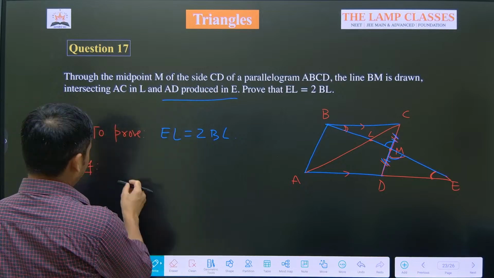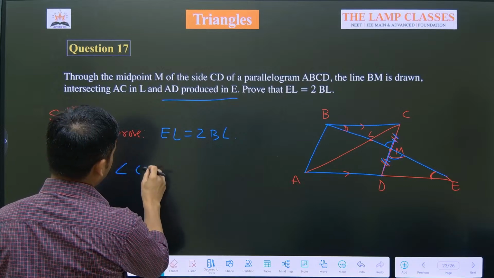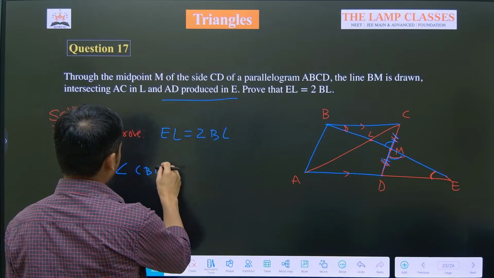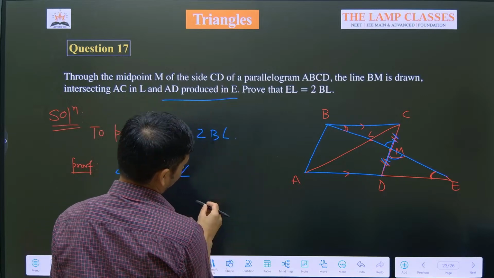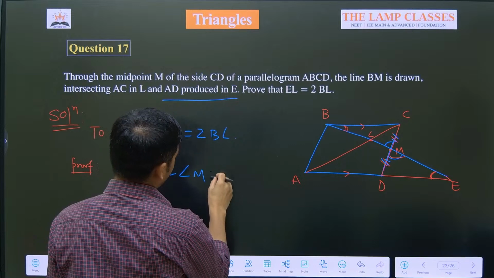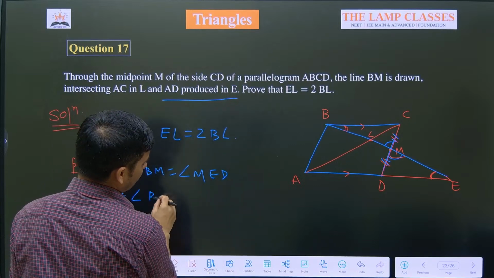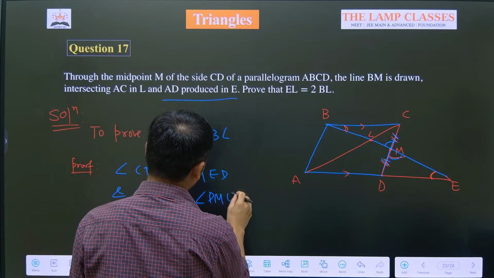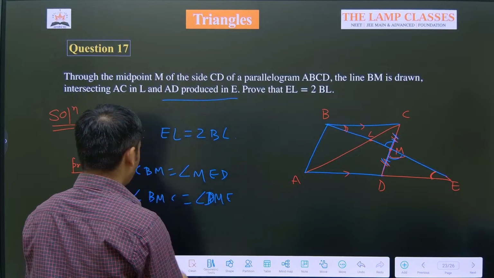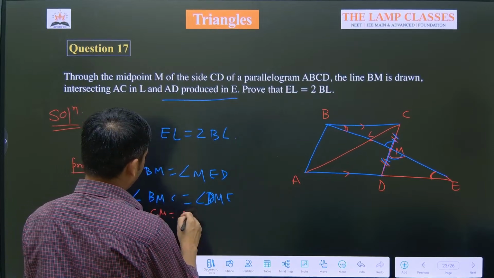We can say angle CBM is equal to angle MED, and even we can say angle BMC is equal to angle DME, and it's already given CM is equal to MD.